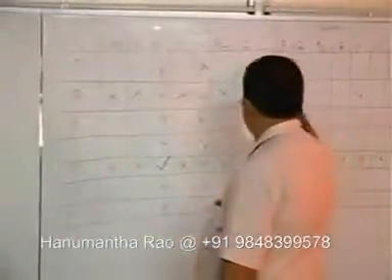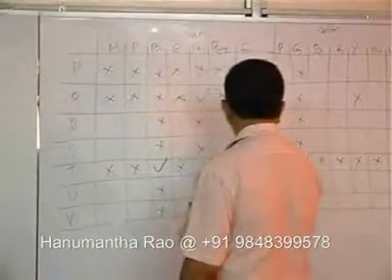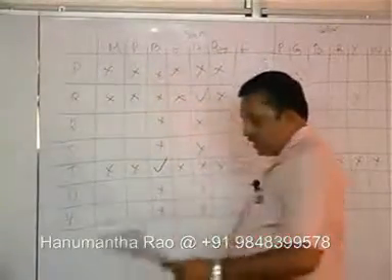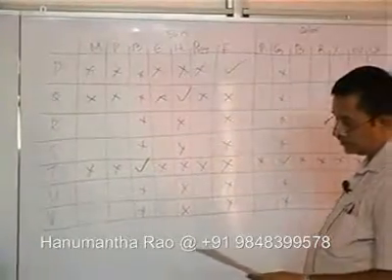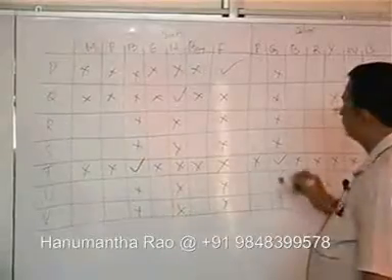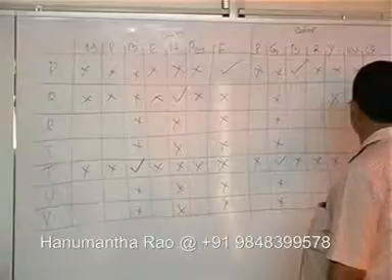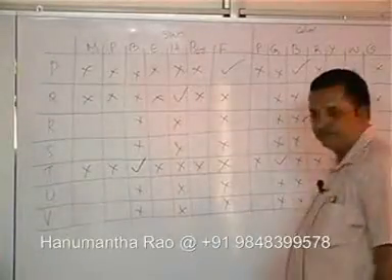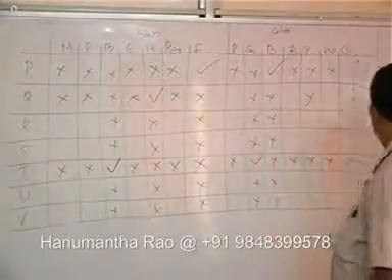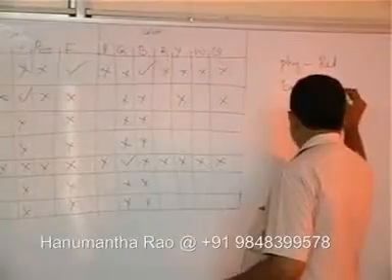Next. P teaches French and likes blue color. Blue color will not be allotted to anyone else. English subject fellow will like pink.